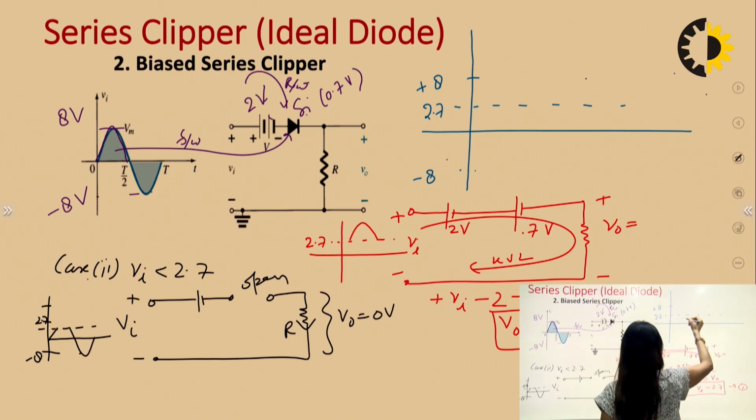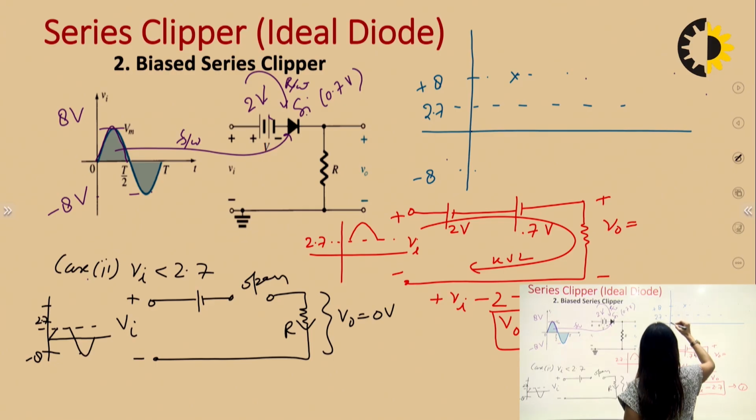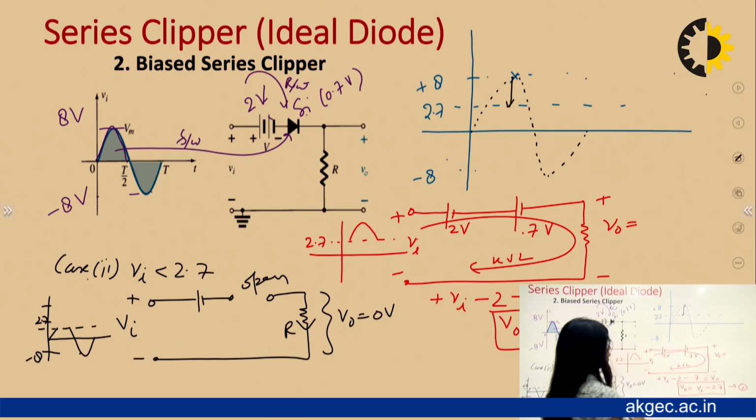Above the 2.7, it is Vi minus 2.7. Whatever the point here, draw a rough sketch. Always draw a rough sketch of the waveform like this.